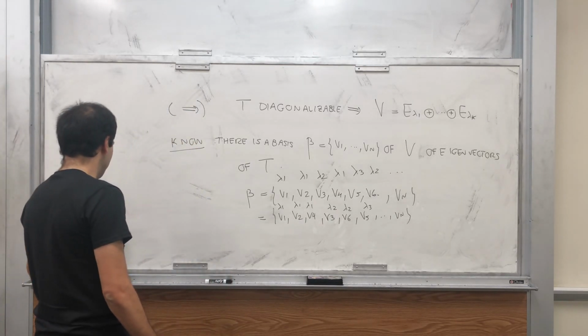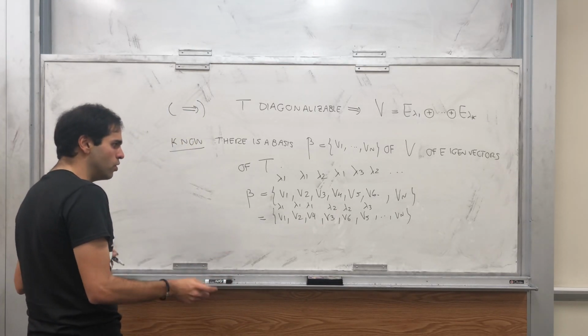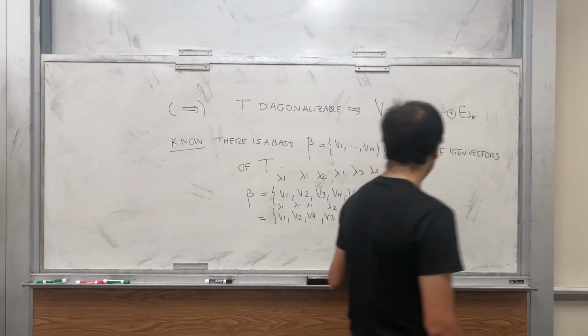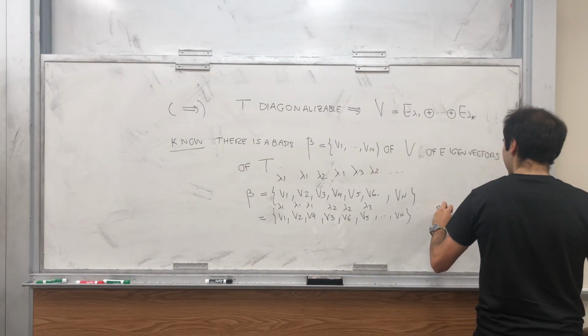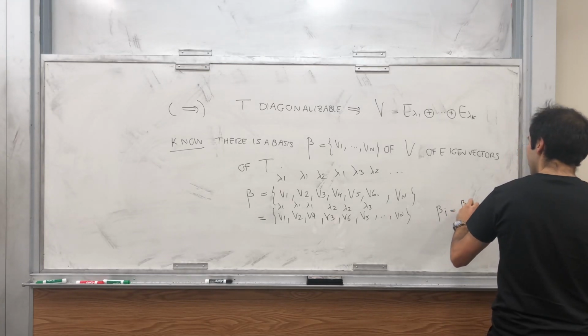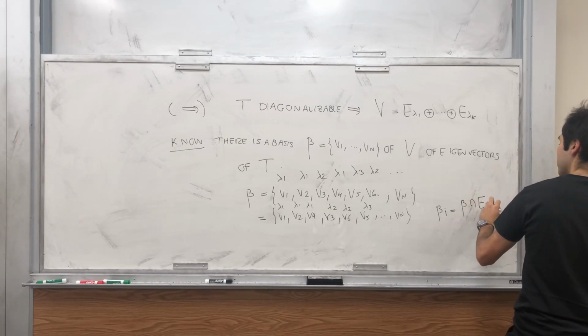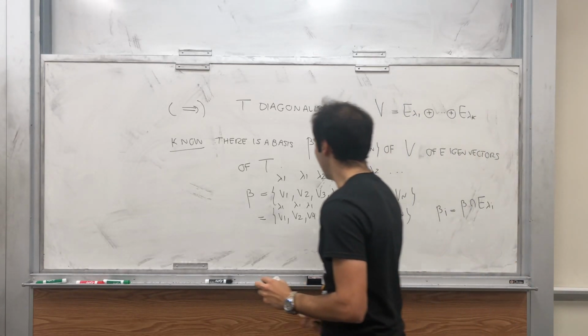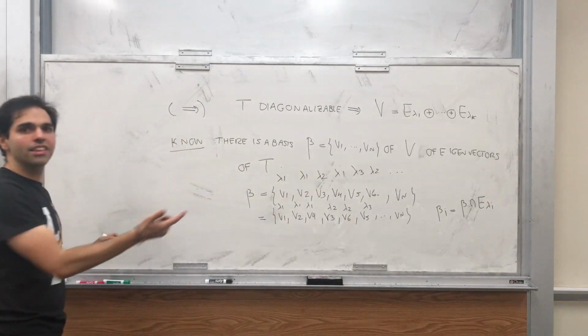So in particular, if we define beta_i to be the part of the basis that corresponds to E_lambda_i, we can rewrite this.